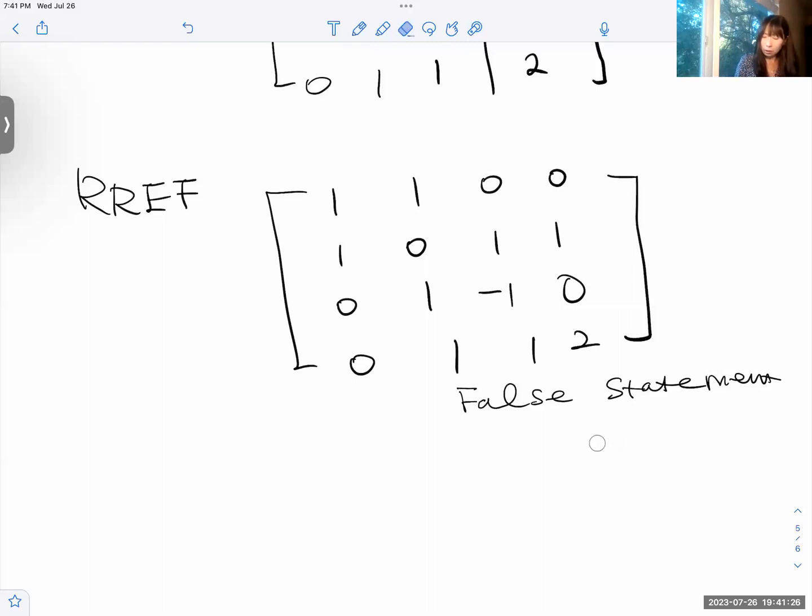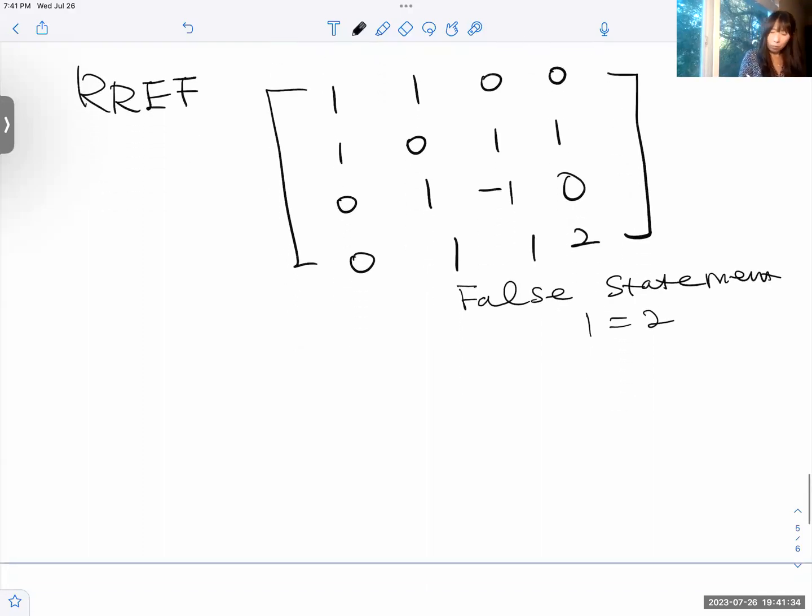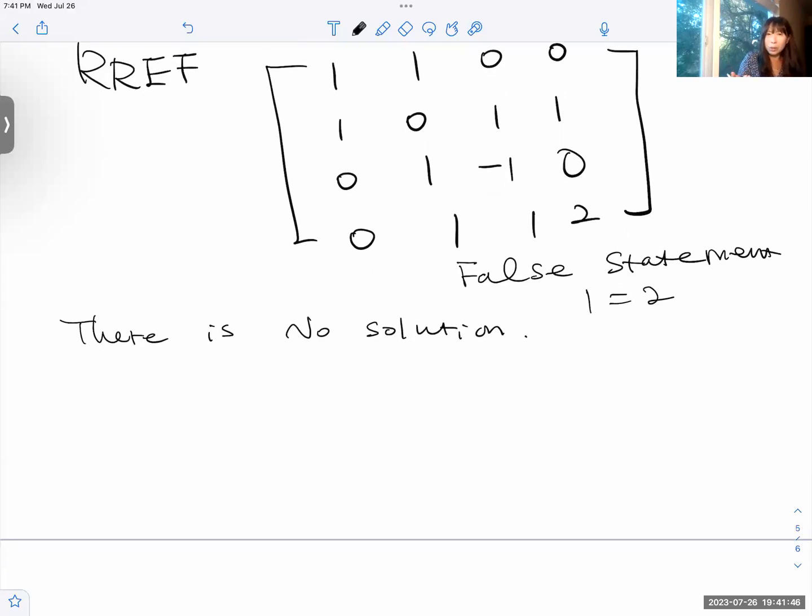So 1 is not equal to 2. So there is no solution. Okay, so no solution means the system is inconsistent.